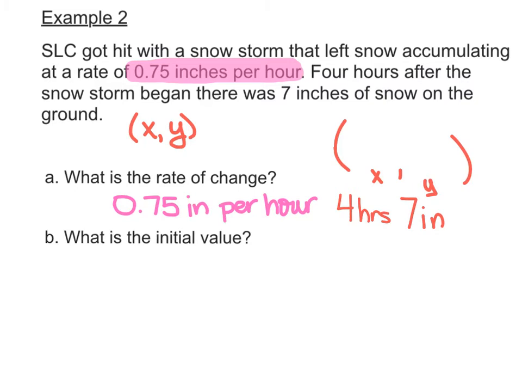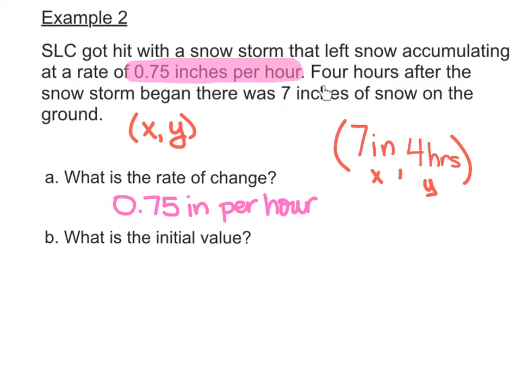So now I need to determine, is it 4 hours and 7 inches, or is my x value 7 and my y value 4? Which is my y and which is my x? So to determine that, I'm going to go up here and think I have hours and inches. Which is my independent, which is my dependent variable?